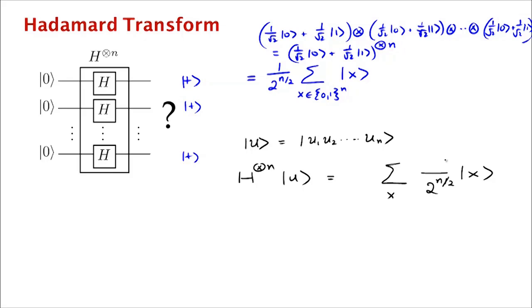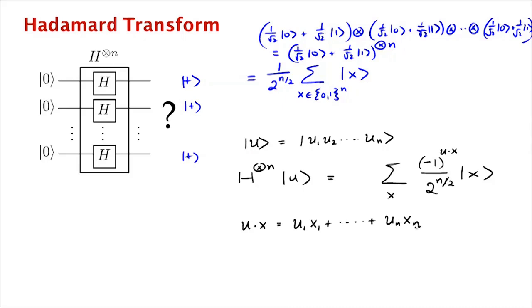So when do you get a plus sign and when do you get a minus sign? Well, you get minus 1 to the u dot x, where u dot x is u1 times x1 plus dot dot dot plus un times xn.